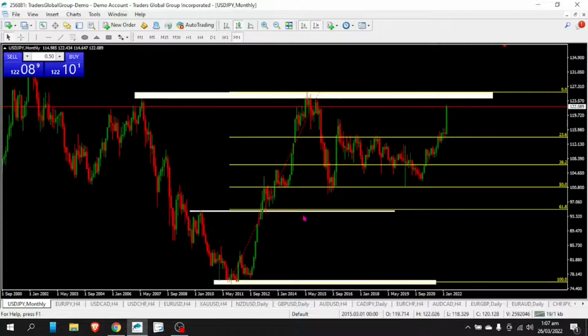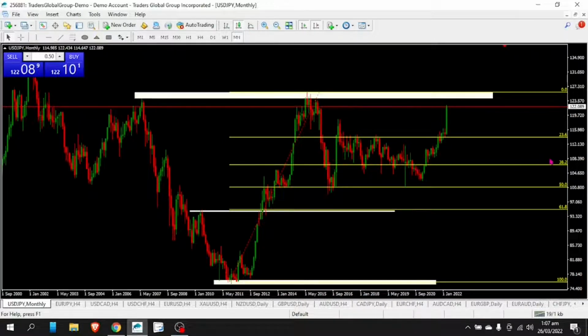This tells us that this 61.8 ratio is a legitimate support and resistance zone, and that goes for the rest. This 50% ratio is also support and resistance. You can see after price broke this resistance, it came down as a retest, which is now a support level, before going back up.